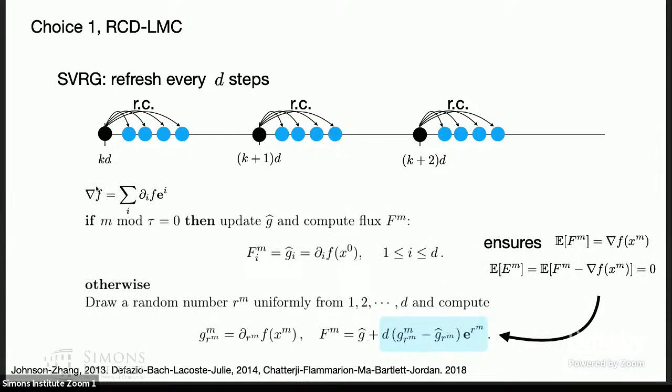We view the gradient as a summation of a bunch of partial derivatives, and we say that every once in a while, you compute the true gradient, and in the sub-steps, you just randomly pick one coordinate and update only that particular coordinate. The hope is that every once in a while you get the true gradient, so at least for this particular step, the variance is 0. And in between, it's sort of controlled.